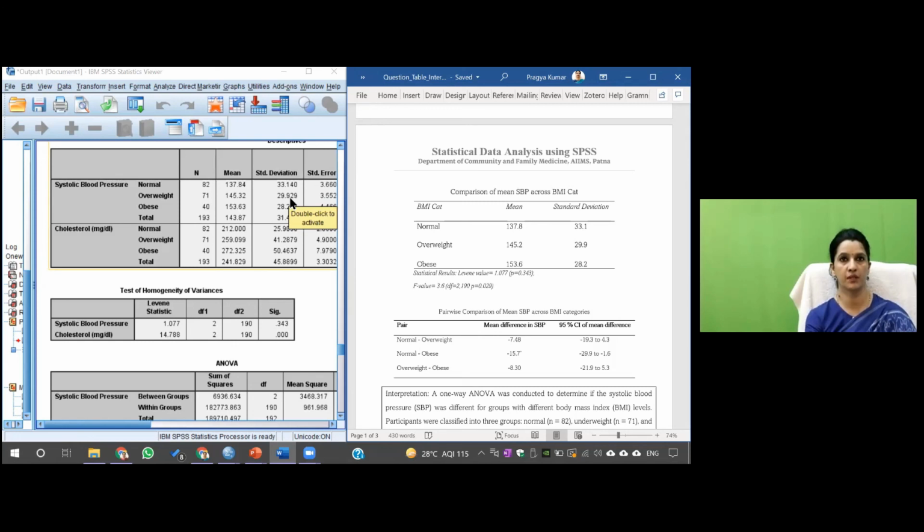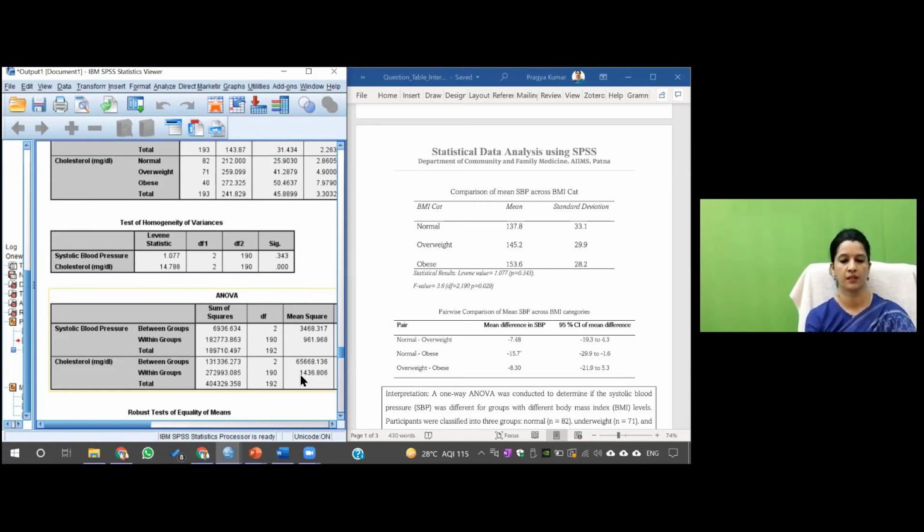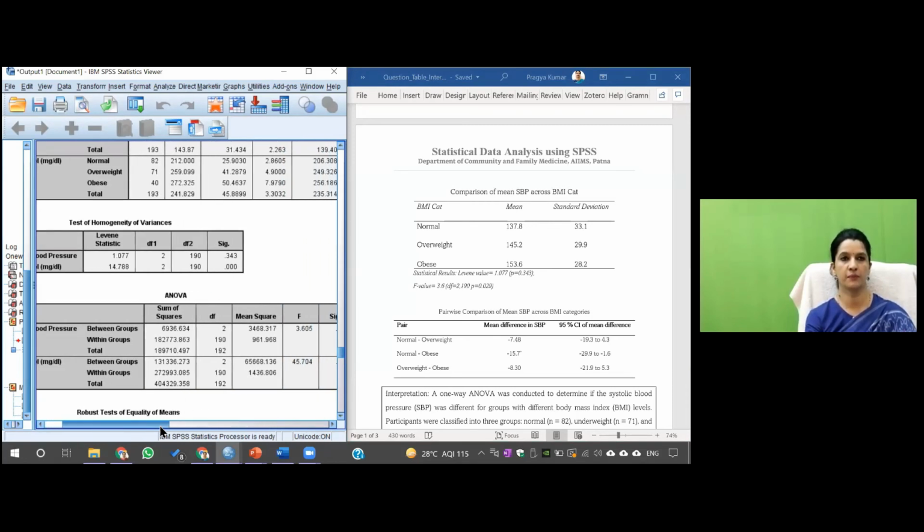I have taken the mean value from this, and the standard deviation from this column. Then for the statistic, you can take the F value. I have taken the F value as the standard F. F statistics, we report it with the degrees of freedom. So I have taken the value of 3.6, and then the degrees of freedom 2 and 190.